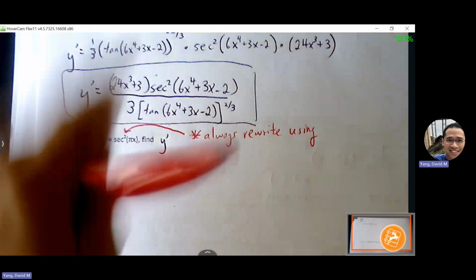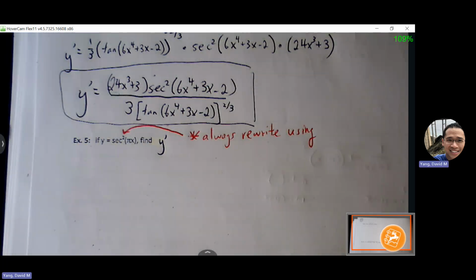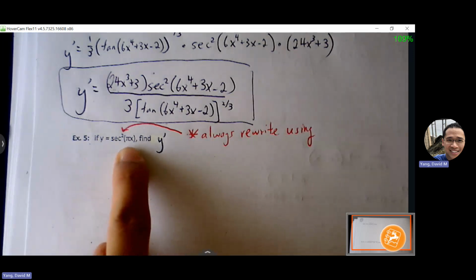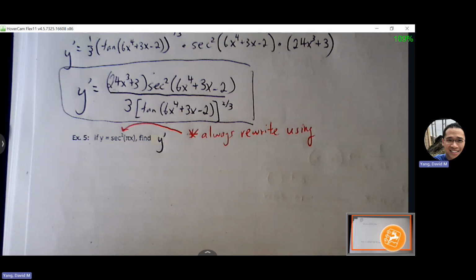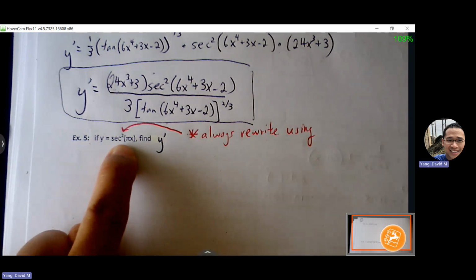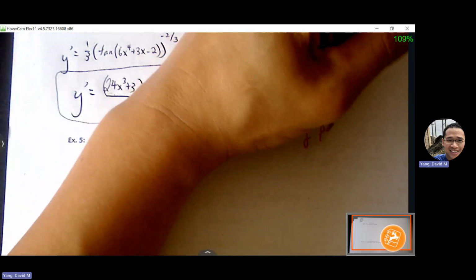The reason why this is written the way it is is because you save some parentheses rather than writing it out using parentheses. This is always going to be the way that a problem is presented in this form. But the reason that we want to rewrite it is because if we don't rewrite it, we're going to have trouble seeing the chain rule portion of it, and it's easier to make a mistake. Okay, so we're always going to rewrite using parentheses.